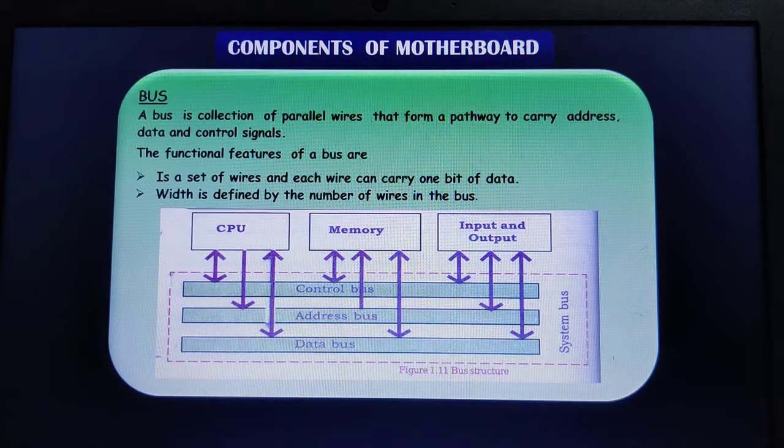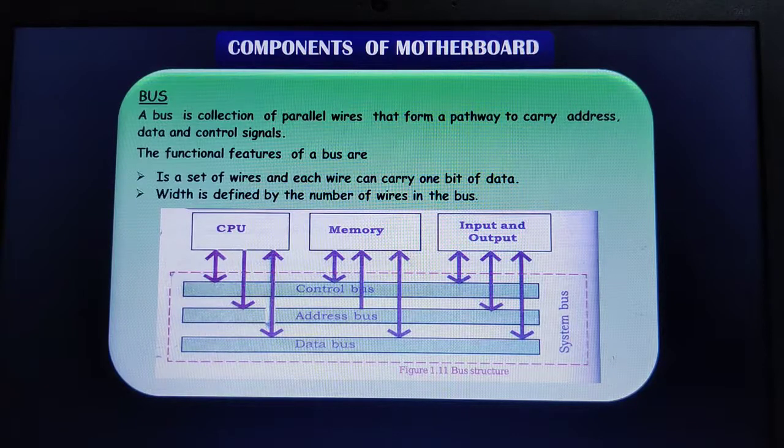Why processor? Because the processor is the only unit that is able to convert your data into information. So all the components in your computer system have to communicate with the processor. If you are giving any program to add or subtract, whatever it is, input devices have to make communication. Input devices will communicate with the memory module. The memory module will communicate with the CPU for the processing.